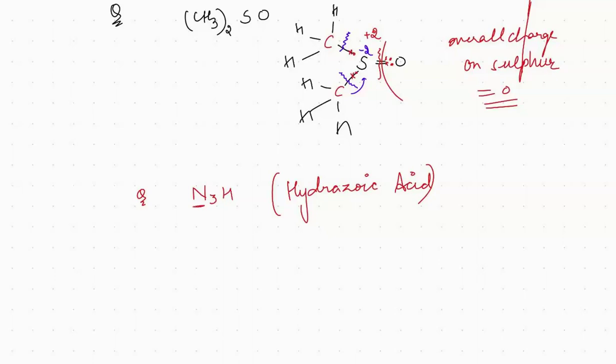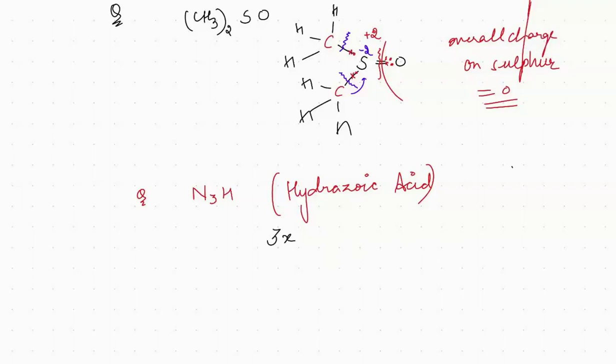So you say let the oxidation state of nitrogen be X. So when nitrogen charge is X, for 3 nitrogen, it is going to be 3X. Yes or no?